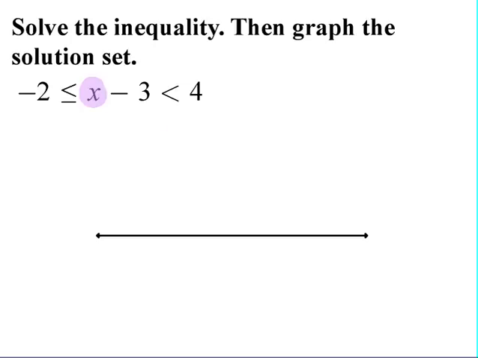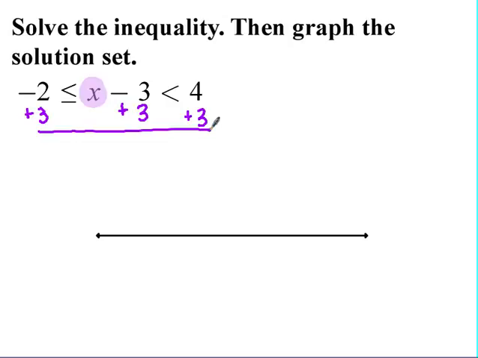So what do you need to get rid of, or what do you need to move? I need to move the 3, correct? So if I add 3 in the middle, I've also got to add 3 on the left, and I've got to add 3 on the right. So you've got to add 3 in every location.